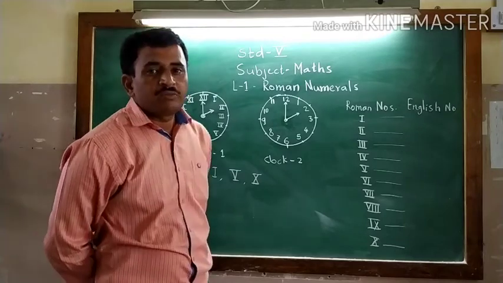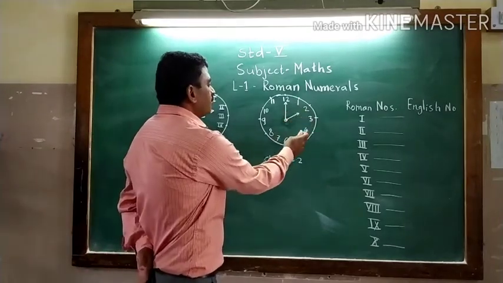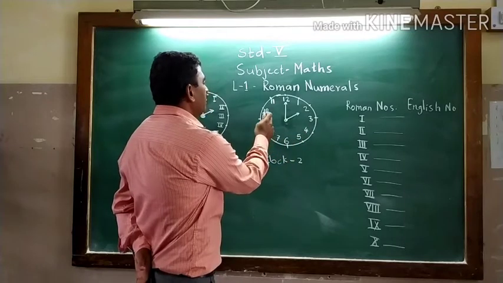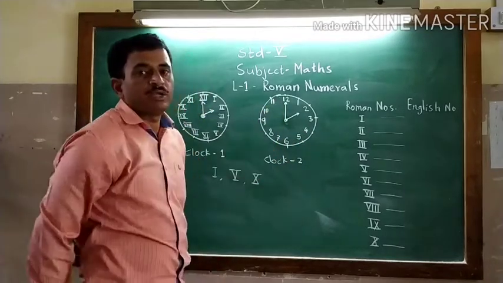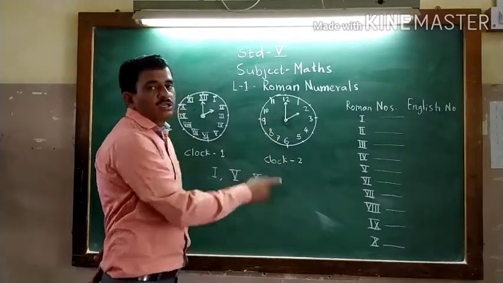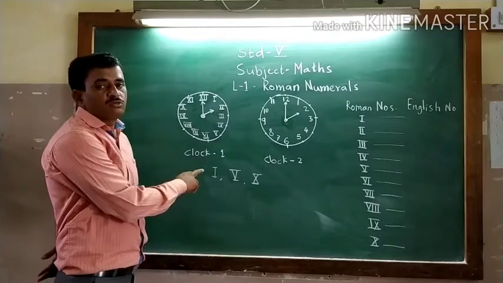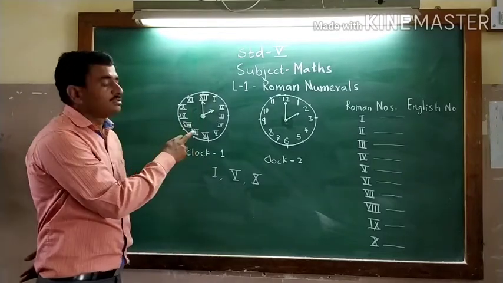In our English language, numbers 1, 2, 3, 4, 5, 6, 7, 8, 9, 10, 11 and 12. In this block 2, we use English numbers. In this block 1, we use Roman numbers.